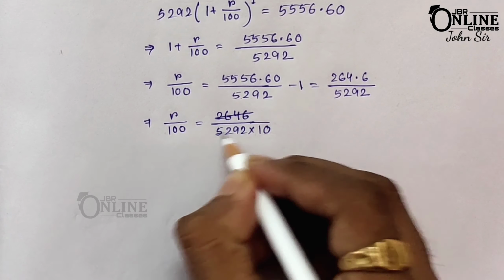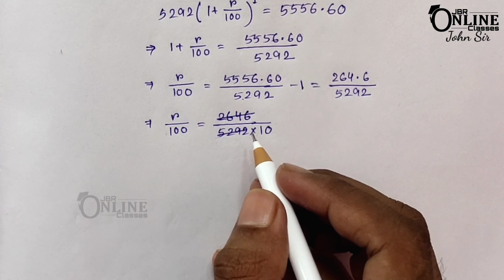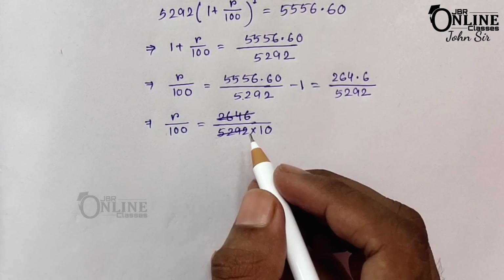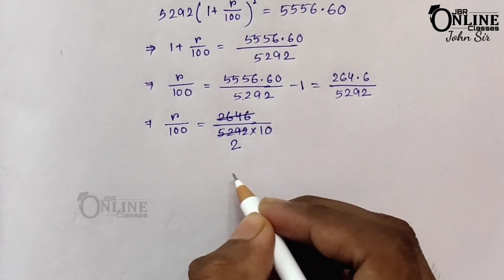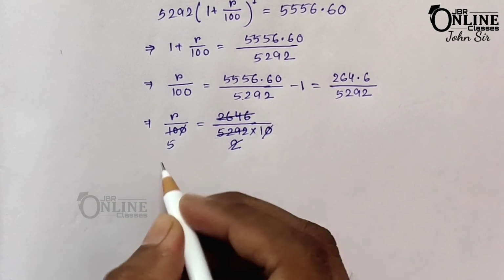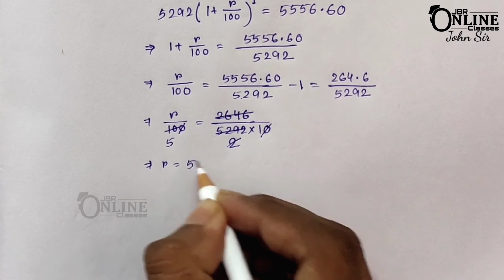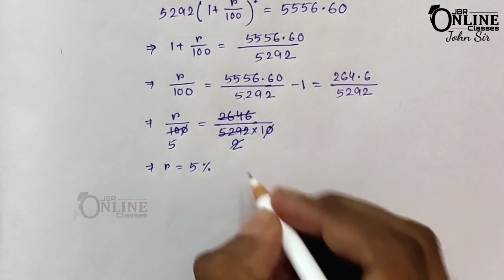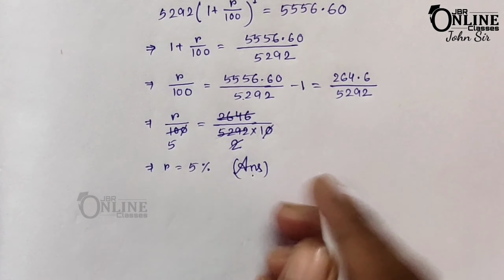Now you can easily divide by 2646. So 5292 divided by 2646 equals 2. Here 0 cancels out, here 2 with 5, so from that R equals 5%. So this is your first answer.